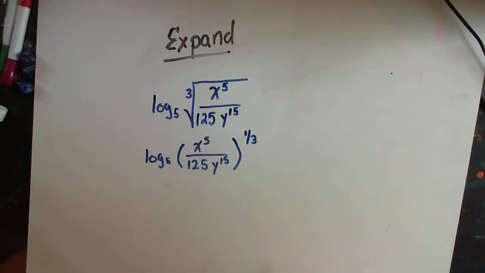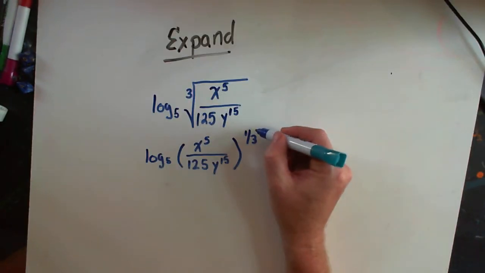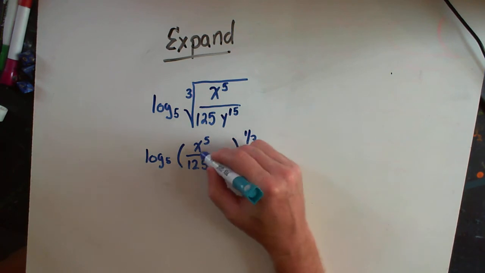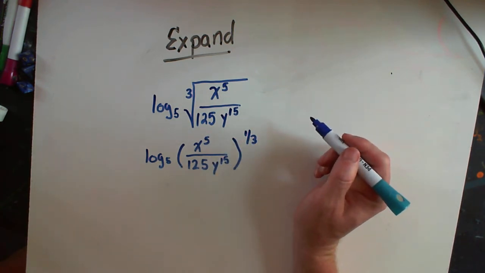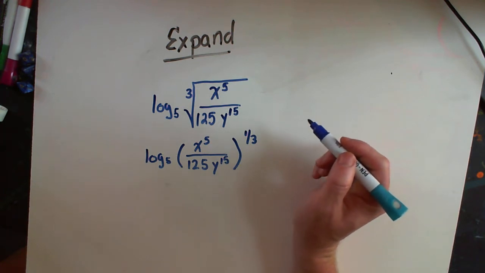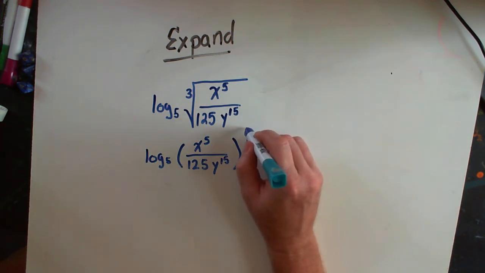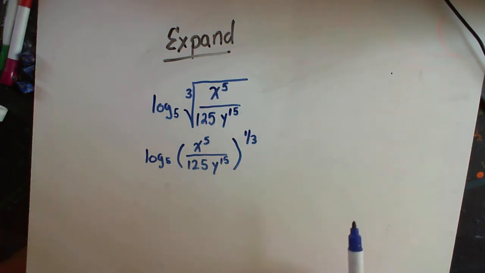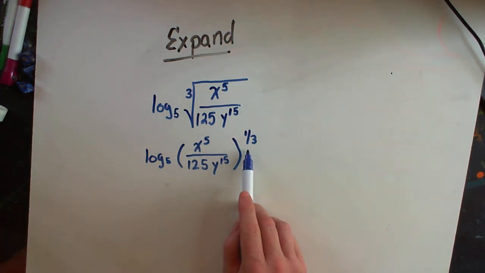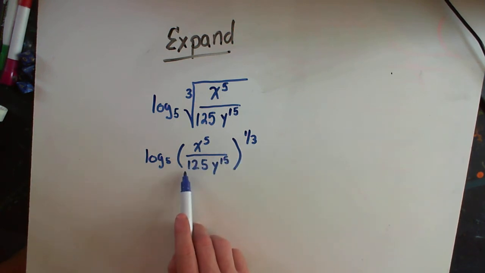Now, one of our rules said that we can distribute an exponent through multiplication and division in much the same way you distribute multiplication over addition. So we take this 1/3, and when you take a power to a power, you multiply them. We take this 1/3 and we apply it to each one of the three pieces.